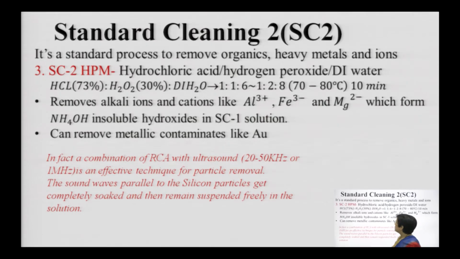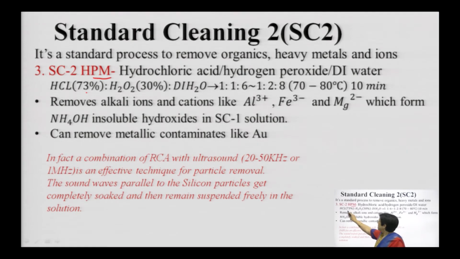The second stage of RCA cleaning is known as HPM. Earlier it was APM, ammonia hydroxide mixture. Here we have a hydrochloric acid and hydrogen peroxide mixture. Now, what is the hydrochloric acid doing for you? The combination is changed. Earlier, since ammonia is dangerous, we used only 1 part ammonia and 2 parts hydrogen peroxide dissolved in 10 times more deionized water.